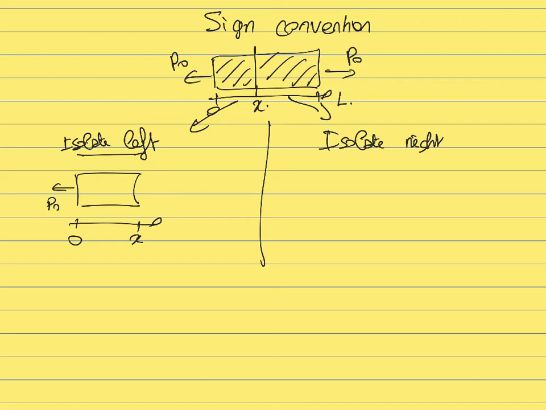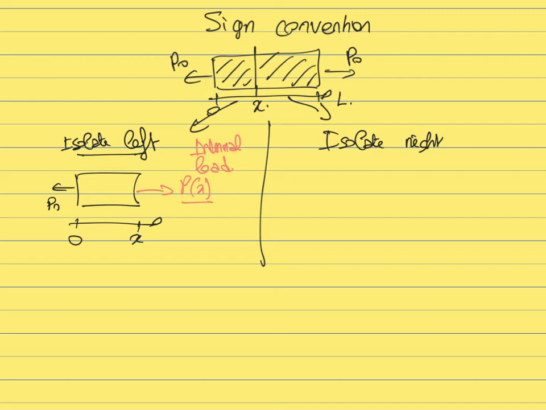And at X equals L, you will have the load that is applied from the right part of the beam to the left part. This is the internal load. This is what we are looking for. We'll use the positive sign convention, so we will be defining the internal load as pointing towards the outside. That is to say, pointing towards the right.